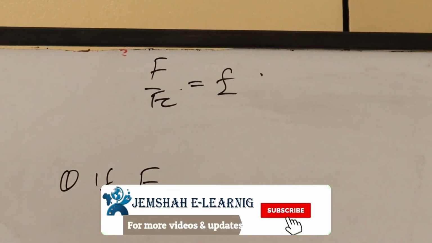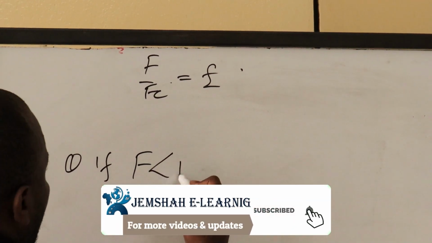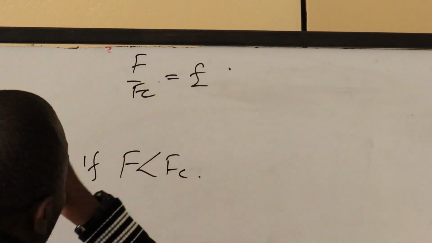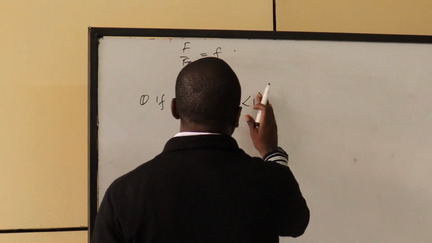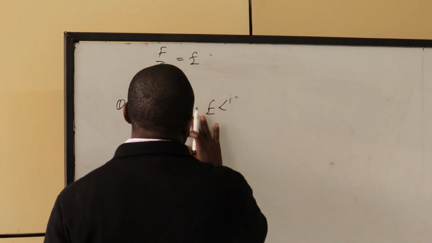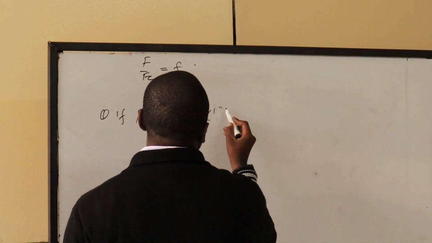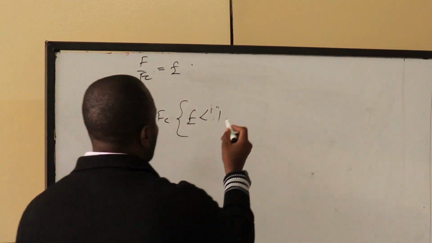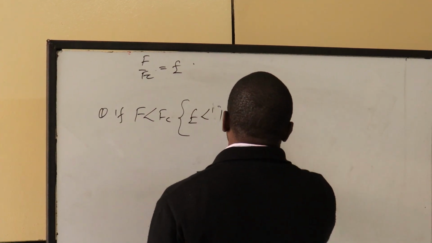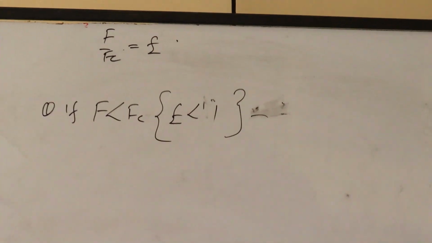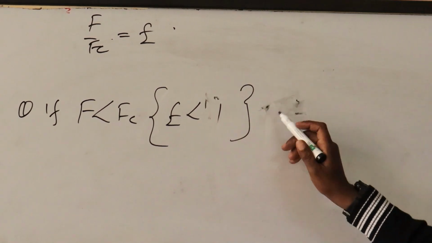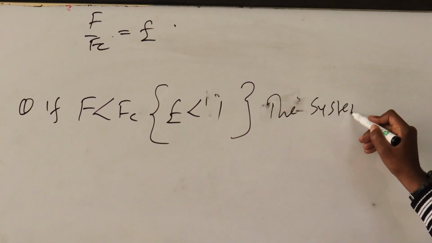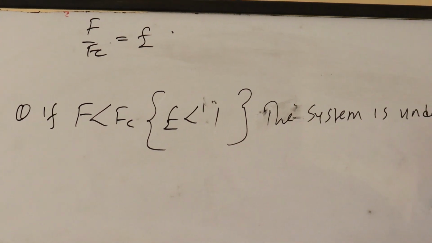If F is less than Fc, then that is a fraction, and therefore the value of zeta will be less than 1, and we can say that the system is underdamped.